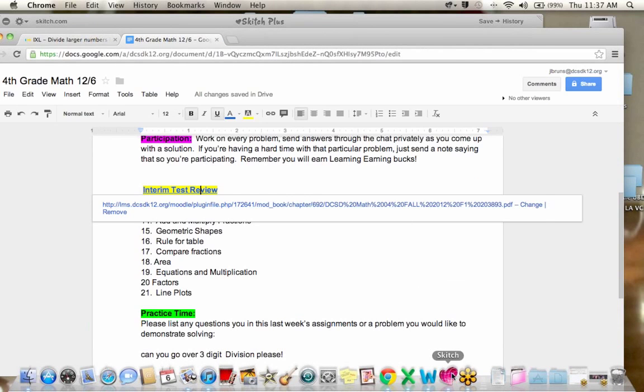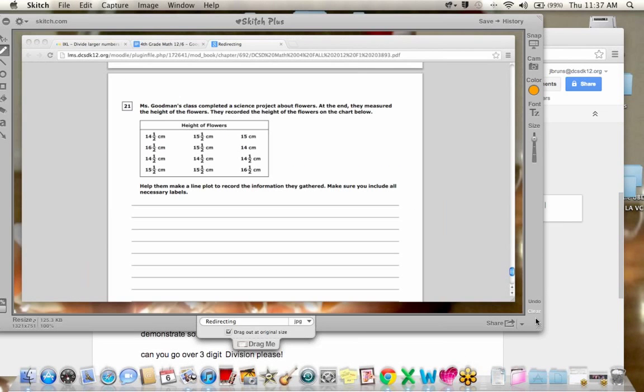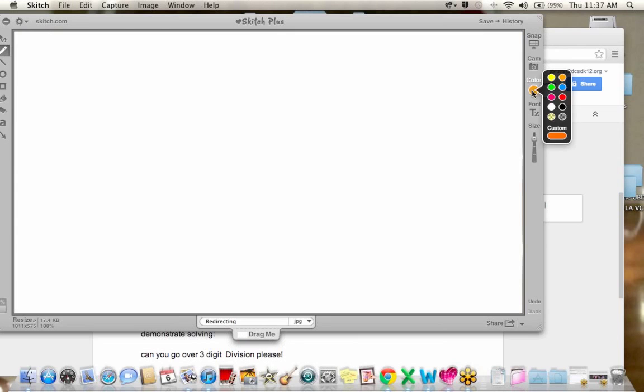Okay, so we're going to move on to dividing bigger numbers. Let me just remind you of dividing steps. Does McDonald's serve cheeseburgers?